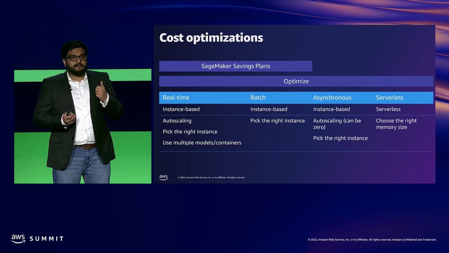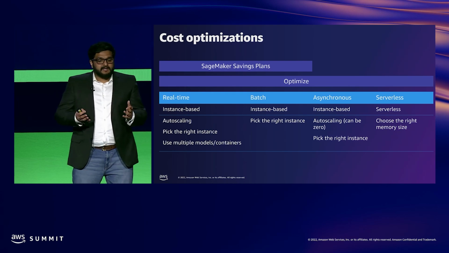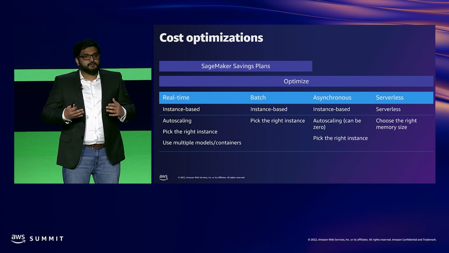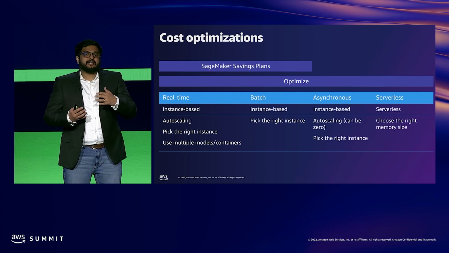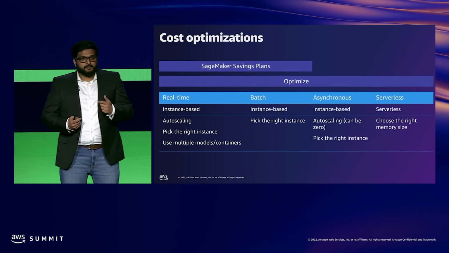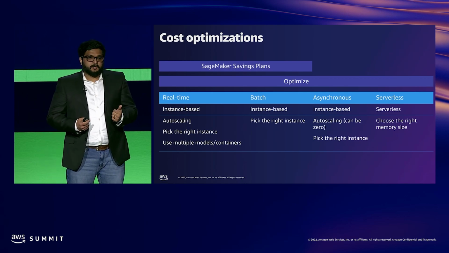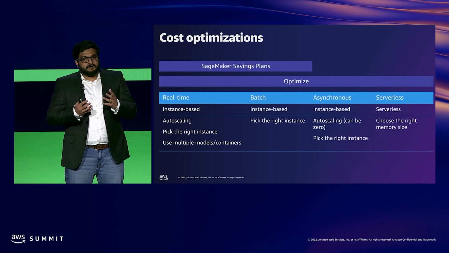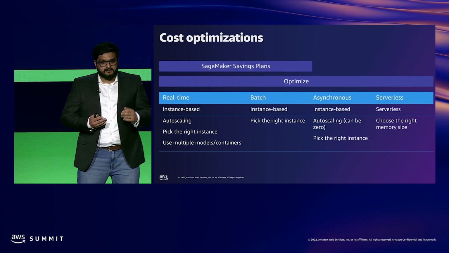Second, since real-time inferences are always on, you can use multiple containers and models to pack that endpoint to best utilize it. Second, with batch, again, it's an instance-based deployment option, but you can use the appropriate number of workers and have a concurrent mechanism to optimize the batch job to complete faster.